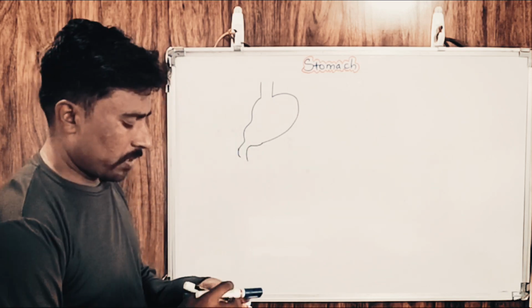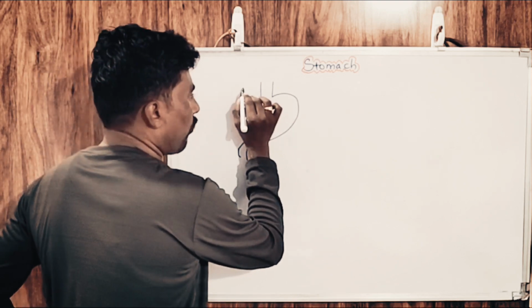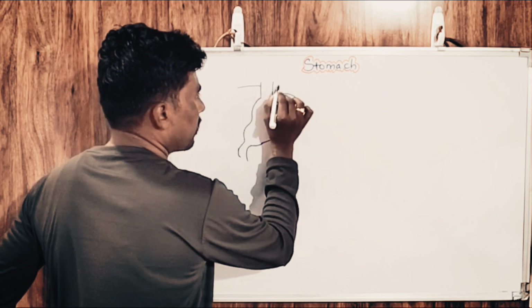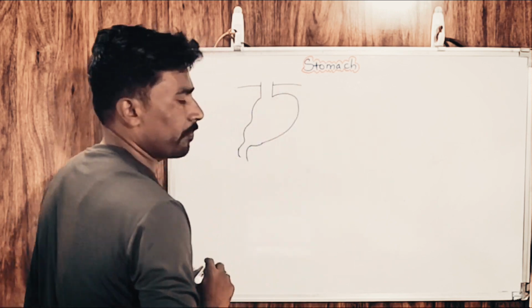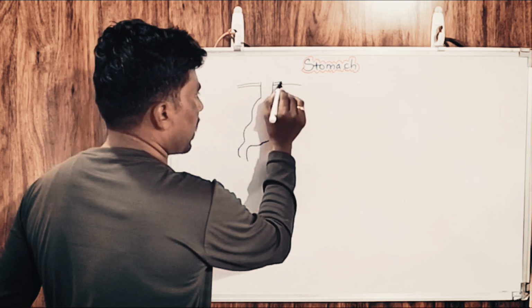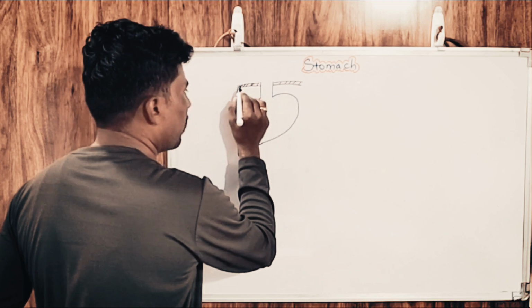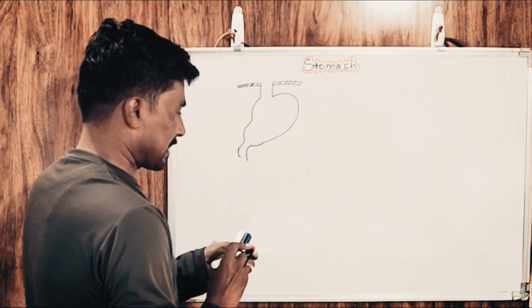Listen carefully. I told you right now, here there is the presence of the diaphragm. So this is the diaphragm, a muscular dome shaped diaphragm. I have left a little bit of space over here. Exactly.